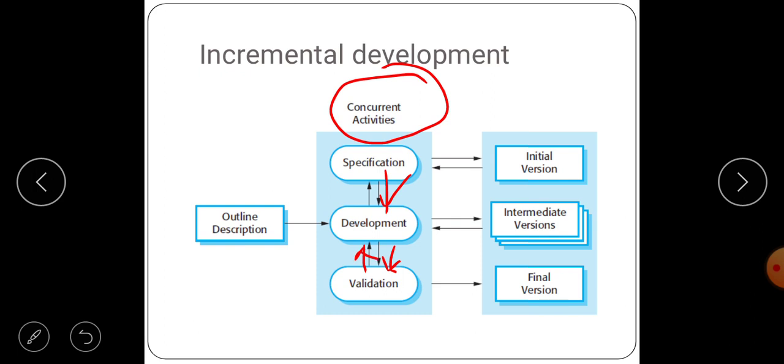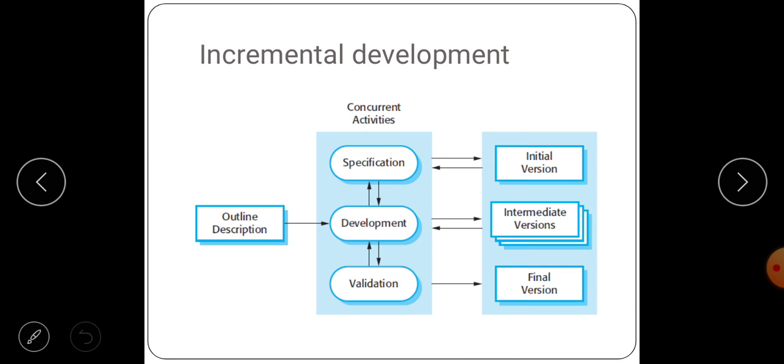In the waterfall model, specification is one phase, next development is the next step, and next validation is the next step. There is a sequence. Here there is no sequence. It is concurrent activities, which means all the processes are mixed here.